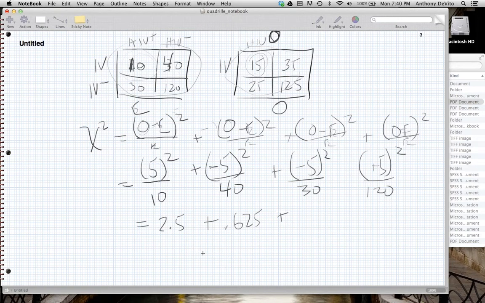I'm taking your word for this. I don't have a calculator handy. 0.833. Good. And 25 over 120. 0.21. Okay, good. All right. So now let's add all of these together. What do we get if we add them all together?